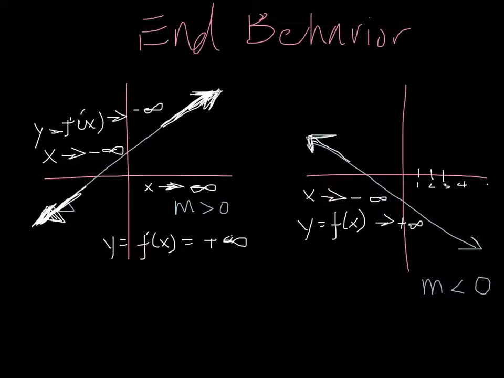As my x's get bigger, as they approach positive infinity, as I take my graph to positive infinity, my y values, or the end of my graph, they're getting more and more negative.